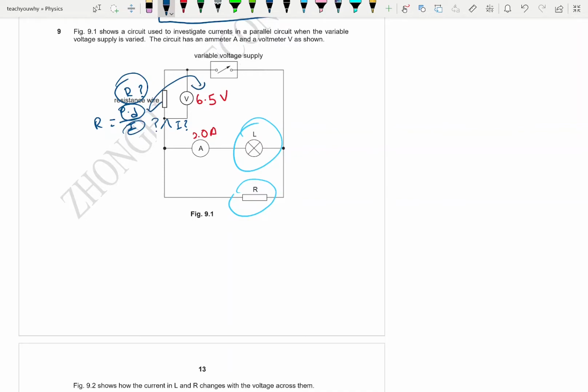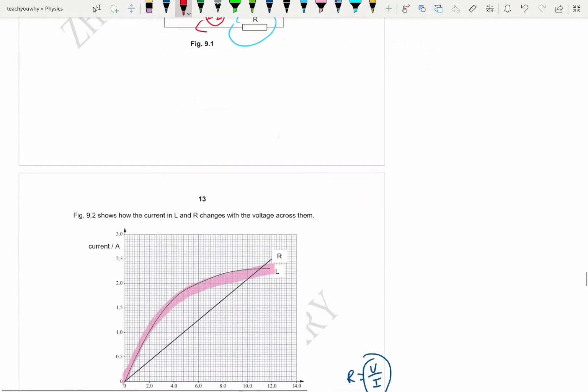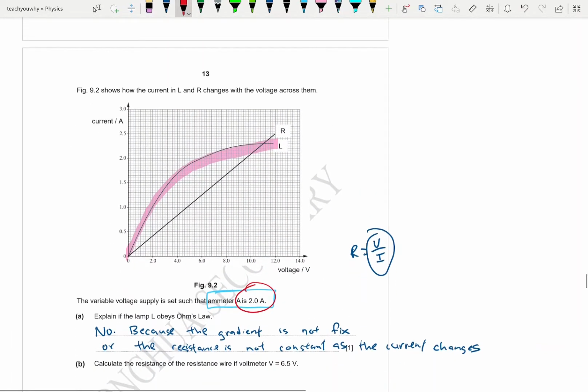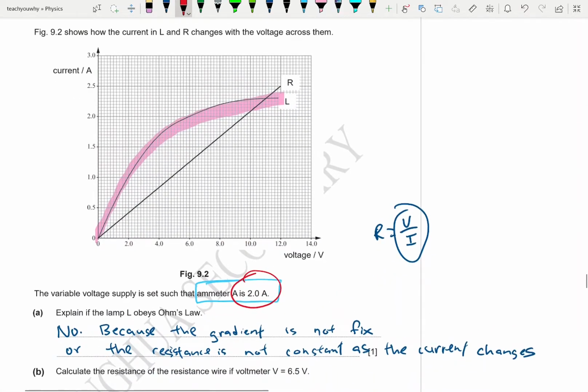So how do we find the current? First of all, over here we have one current. We just need to find this current here, I2, because the sum of I2 plus 2.0 ampere will equal the current that we want to find. Okay, so how do we find it? We will have to make use of the graph here to help us.